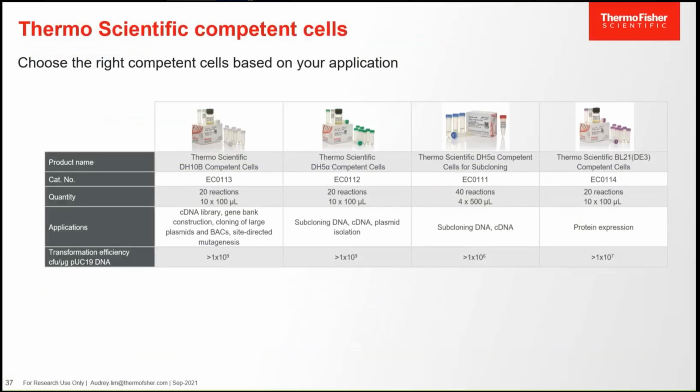For cloning of a large plasmid or site-directed mutagenesis, we have DH10B competent cell. And for routine cloning, we have the DH5alpha competent cell with transformation efficiency standard and subcloning efficiency. Finally, for protein expression, we have the BL21(DE3) strain.